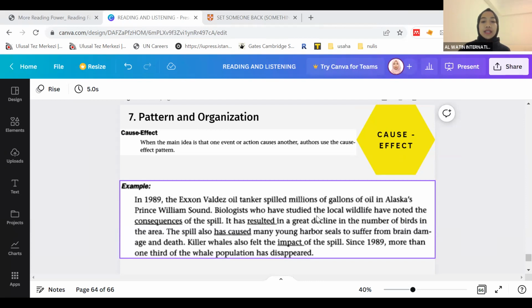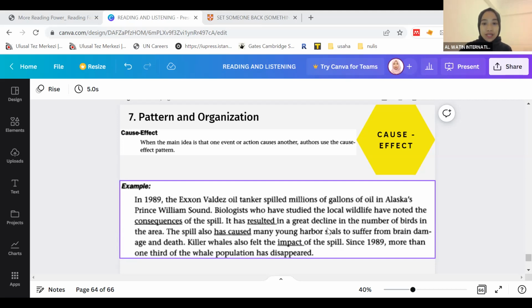Biologists who have studied the local wildlife have noted the consequences of the spill. We can see the underlined keywords here. It has resulted, so the result, in a great decline in the number of birds in the area. The spill also has caused many young harbor seals to suffer.